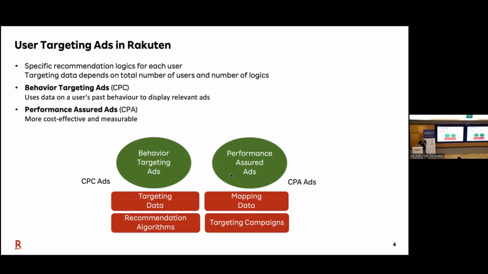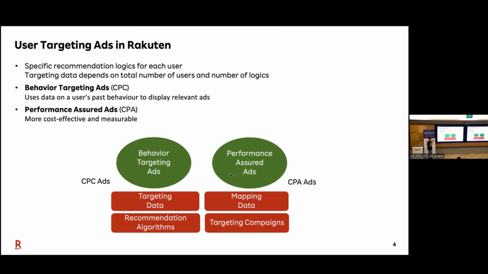Yeah, user targeted ads in Rakuten may introduce two kinds of ads that we are currently supporting, especially on the Singapore side. One of them is called behavior targeting ads. That is based on your behavior. As common frequent users in the e-commerce marketplace in Rakuten, by gathering the tracking related things, we know what you may be interested in.